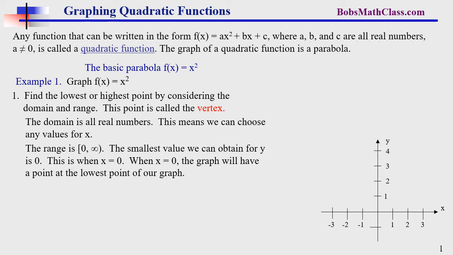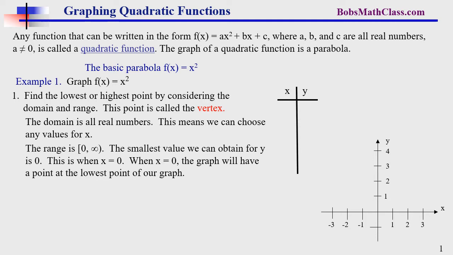When we plug in numbers into the equation f of x equals x squared, the smallest number we could get is 0. We're always going to get positive values. Any number you pick for x, when you square it, becomes a positive. So there's no way you could get a negative number. However, the smallest number you could get is 0, and that's when x is 0.